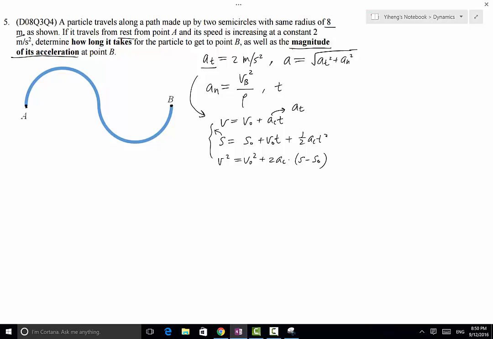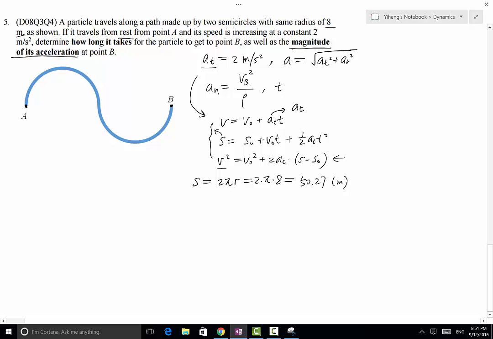Therefore, we can determine what S is at point B. Because the path is made up by two semicircles with the same radius, 8 meters, S simply equals the circumference of a full circle, 2 pi r, that is 2 times pi times 8, which is 50.27 meters. If we know AC and S, we can calculate V from this third equation.